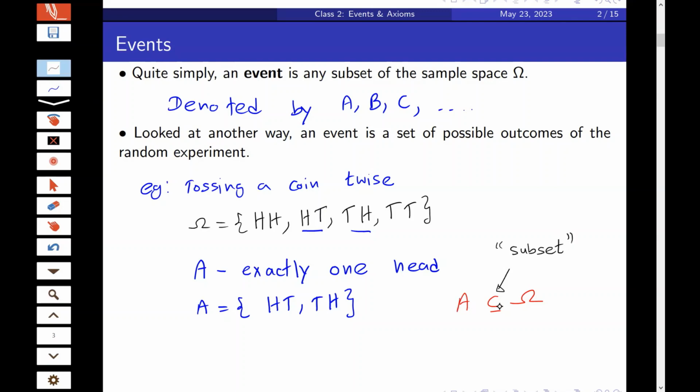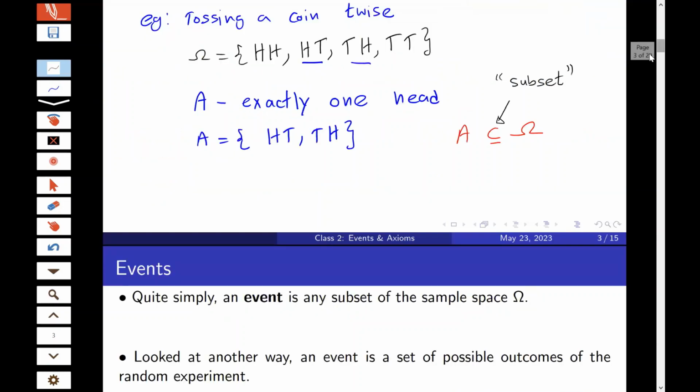So this says A is a subset of omega. Hopefully that makes sense. What is the meaning of event? An event simply means a subset of the sample space.